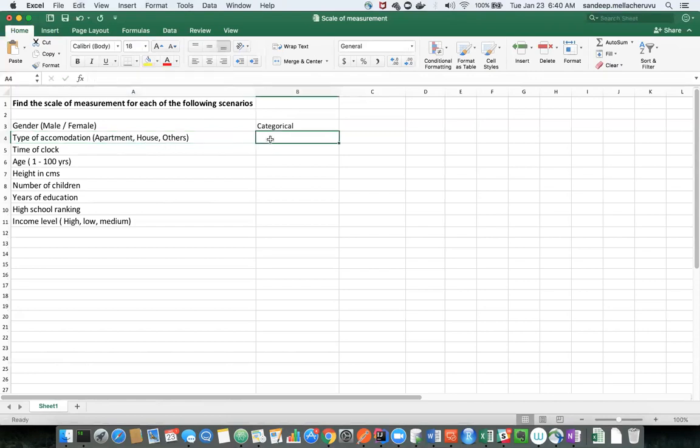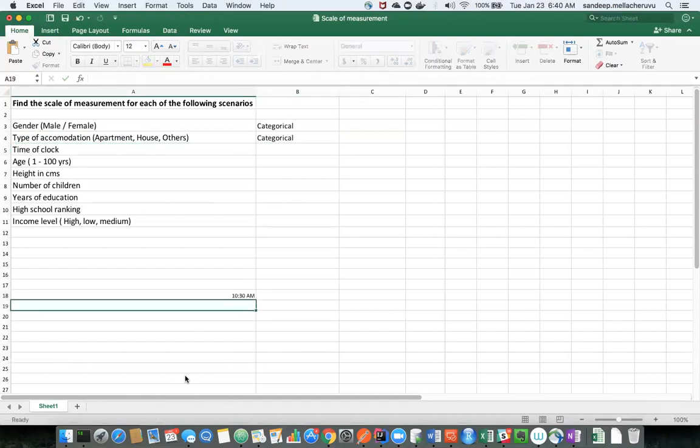These are the three options. Okay, yes. So it is very clear. We cannot add apartment and house, for example. Now, time of clock. It is continuous. So this is a little confusing, but can you add 10:30 a.m. with 11:30 p.m.? Can you add these two?